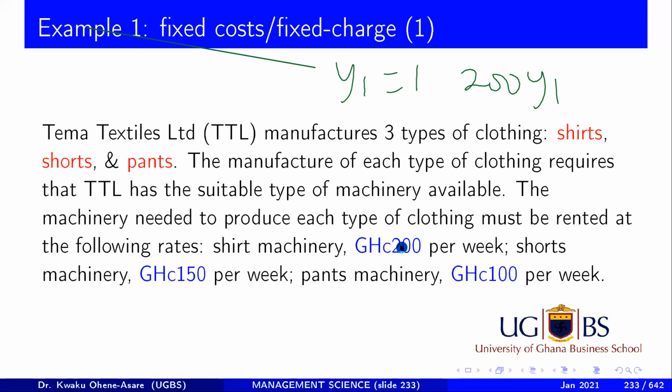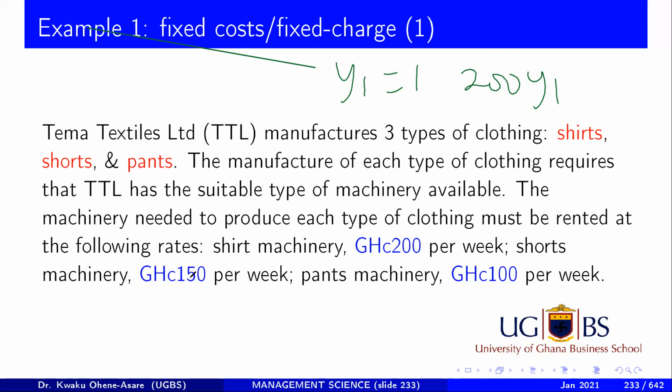But we don't know whether we'll produce that y1 or not. So we have to know. It can also be 0, which means we are not producing it. So the value can be 1 or 0. If it is 0, then we didn't get any 200, because when you multiply 0 by 200, it is 0. So that fixed cost there is going to be the 200 y1.